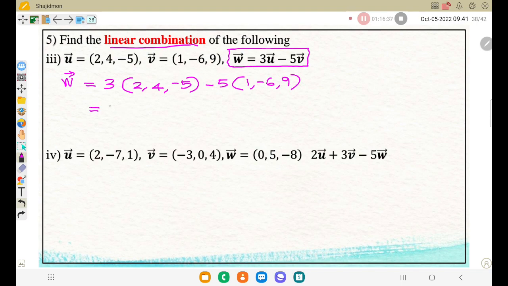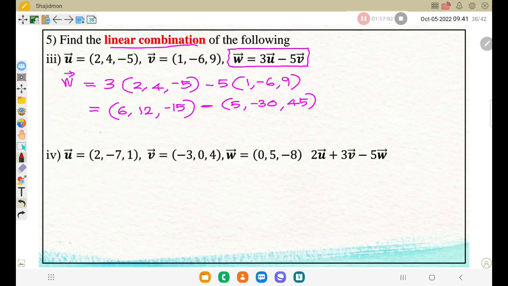So you will get 3 multiply 2, 6, 3 multiply 4, 12, 3 multiply minus 5, minus 15. Minus 5 multiply 1, 5, okay, 5 multiply 6, minus 30, and 5 multiply 9, 45. This minus I have not distributed. If you want, you can do minus also inside, then you can add later.